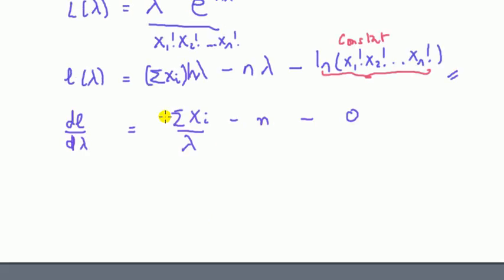The value of lambda that sets this to 0 is therefore: sum of xi over lambda hat, minus n, is equal to 0, so sum of xi over lambda hat is equal to n. Therefore lambda hat is equal to sum of xi over n, which is x bar.